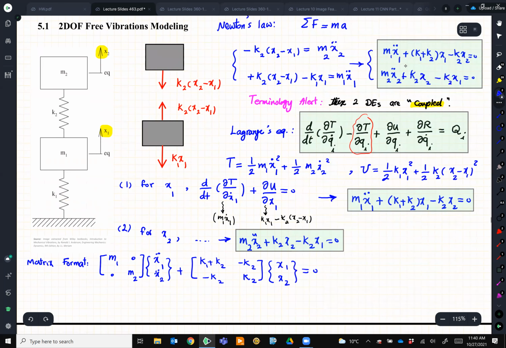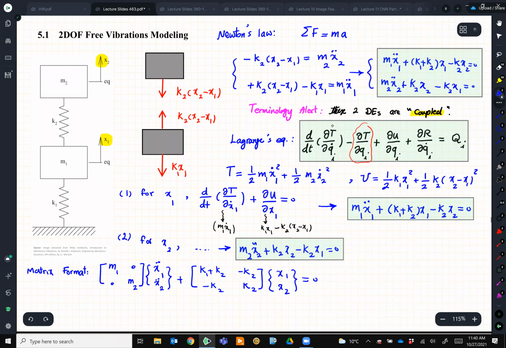They are the same equations, I just wrote them in matrix format. If you multiply these matrices, you have to get exactly the same two equations. Let's quickly check to make sure I didn't make any mistake. m1, m2, k1, k2, k2, and yes, seems okay to me.